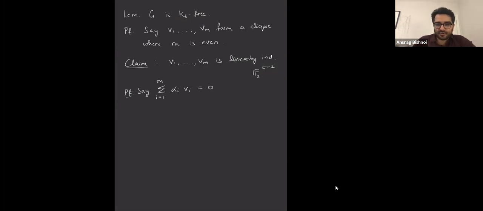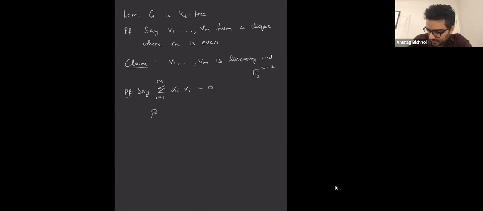I want to prove that all of these alphas are 0. And now we just do the standard thing that we did earlier. Just take the dot product with each vj on both sides. So just apply the bilinear form beta.